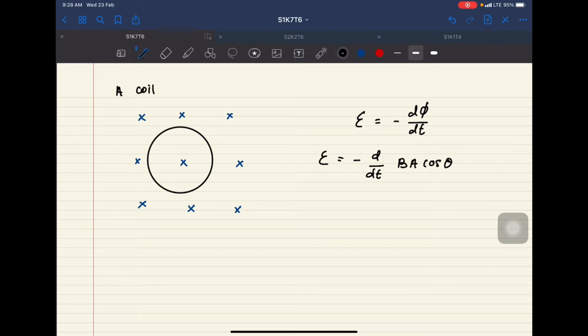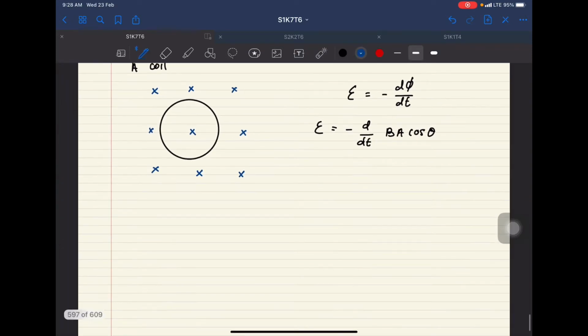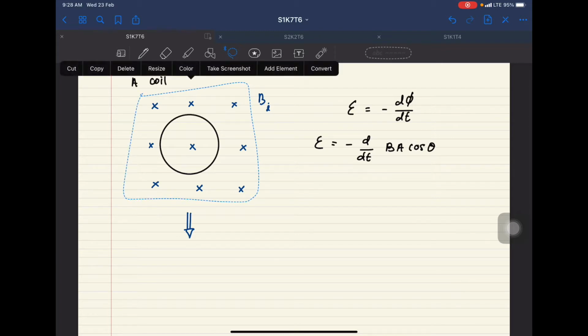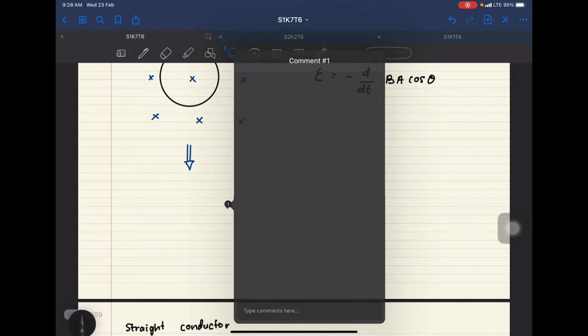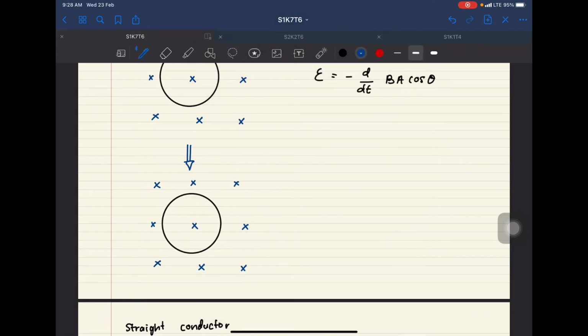If B is changing, maybe you can have an increase in magnetic field. For example, this is my B initial. For B final, let's say the magnetic field increases, so you expect the number of magnetic field lines increases as well.